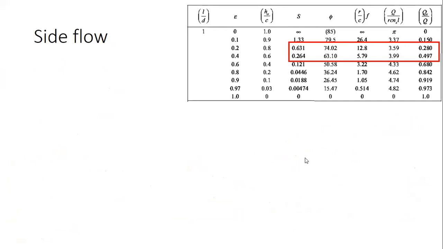Moving ahead, side flow. This QS is your side flow. That's what you have to find out. So same thing. For 0.39, which lies between 0.631 and 0.264, the Sommerfeld number, I'll have to find this value, which is going to lie between 0.280 and 0.497, QS by Q. So same thing I'm going to repeat.